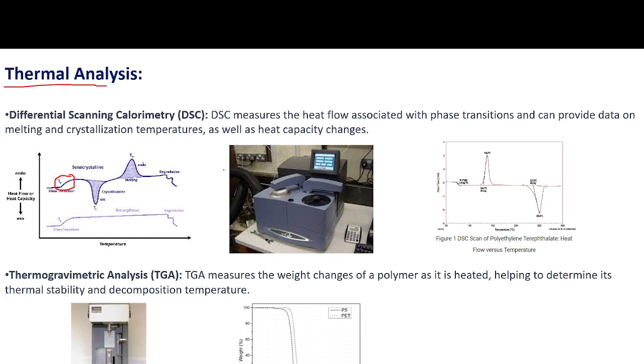If your Tg is 10 degrees centigrade, you can use this polymer for applications in India. But if your Tg is 10 degrees centigrade and you want to use it below 5 degrees centigrade, then you get brittle behavior, so you cannot use this polymer there.